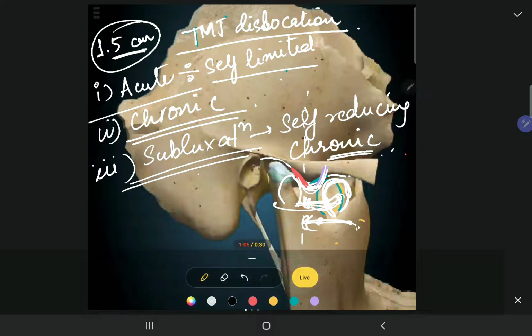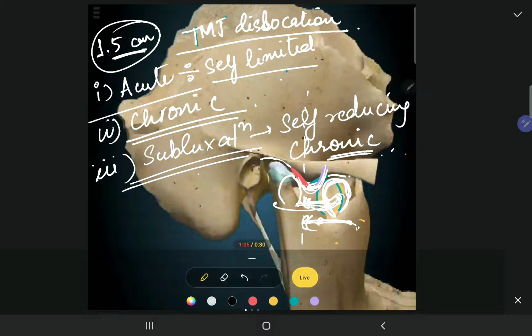Also, there can be deviation of the chin to the opposite side if unilateral TMJ dislocation is there. If the TMJ is dislocated on one side, there can be deviation of the chin. If both the sides are involved, say suppose the person has opened the mouth wide and the condyle has stuck against the anterior slope, then the mandible will look protruded, right, because it has come out. So, in case of bilateral, we see the protruding chin or open bite.